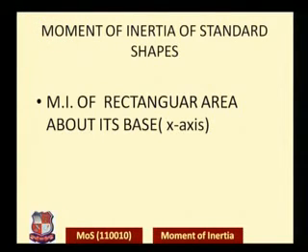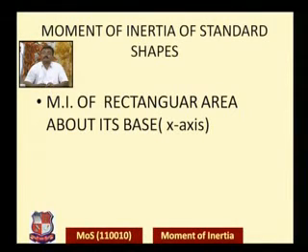Now before we proceed to the problems based on this, let us first of all find out the moment of inertia of the standard shapes such as rectangle, triangle, semicircle, quarter circle. So one by one we will find out the MI of the standard shapes. We will start with the rectangular section first of all. The task is to find MI of the rectangular area about its base.